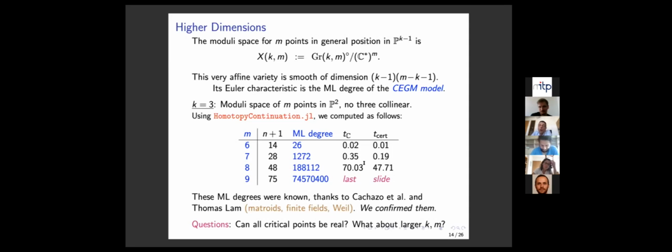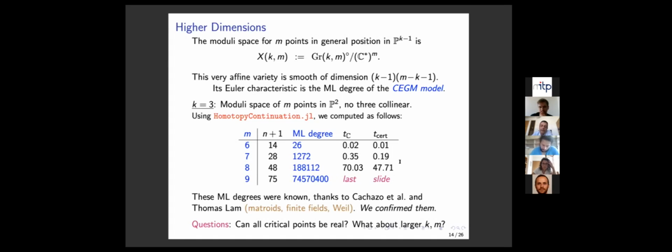So if you know the number of points over several finite fields in the appropriate realization spaces, the number of realizations of the uniform matroid, then using some magic combinatorics, you can predict these numbers, and this is exactly what Thomas did. In particular, the last number is very impressive, and I will return to this on the last slide of this talk.